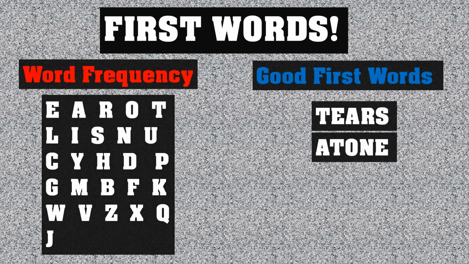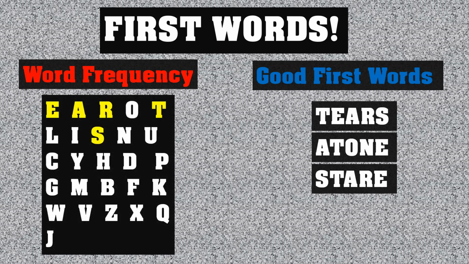We also have atone, which uses, again, 4 letters from our first row, and then just the N from the second one. And I'm going to put stare in there, and stare might be one of my favorite starter words. Even though it's the same letters from tears, it's actually a little bit better of a word.